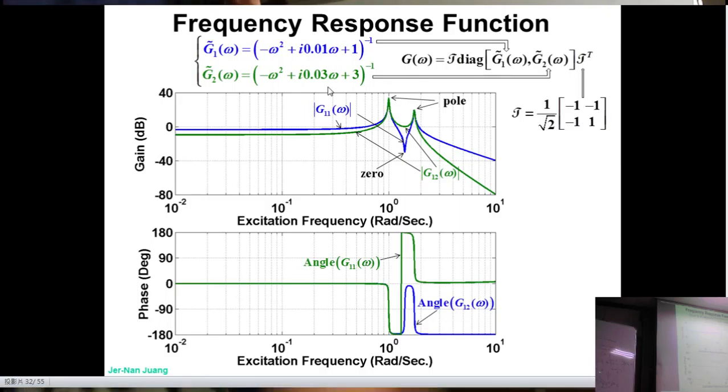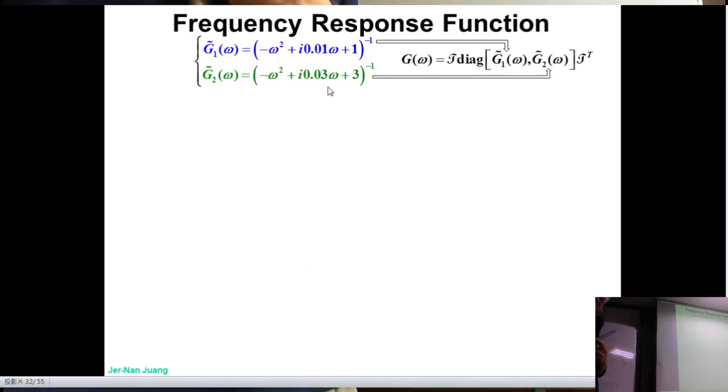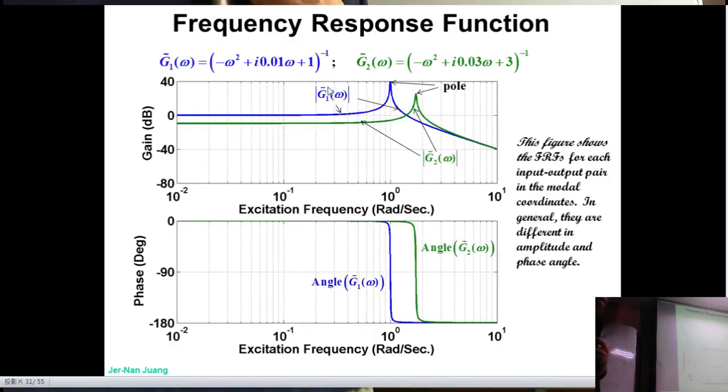At NASA, some people like to look at the modal coordinate plot. They think this plot is prettier. And if you have many modes, you have a lot of this kind of plot, and it's very pretty. Think about it. If you have 10 plots like this, oh, you can have a lot of lines. Okay?